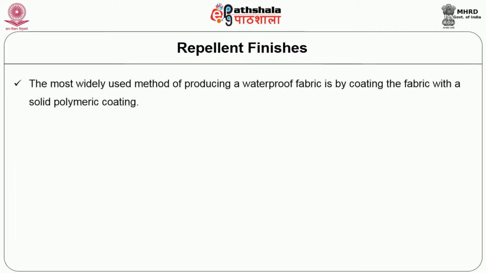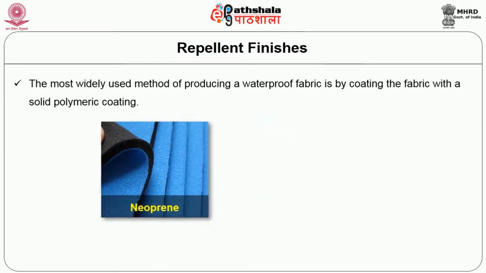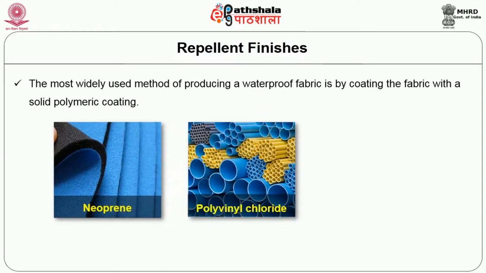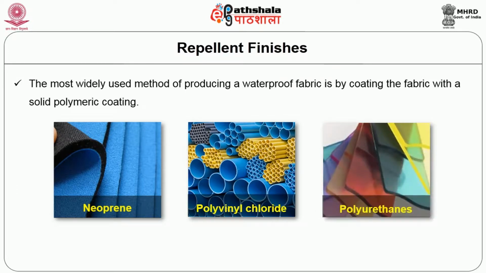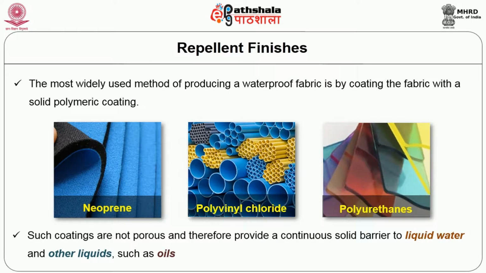The most widely used method of producing a waterproof fabric is by coating the fabric with a solid polymeric coating, for example neoprene, that is synthetic rubber, polyvinyl chloride or polyurethanes. Such coatings are not porous and therefore provide a continuous solid barrier to liquid water and other liquids such as oils.